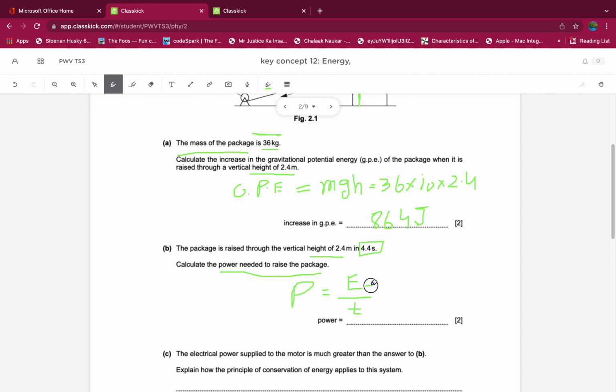What is the energy we have? 864 joules. And what is the time we have here? 4.4 seconds. If you divide 864 by 4.4, you will get 196 watts. Watt is a unit for power. Keep that in your mind please.